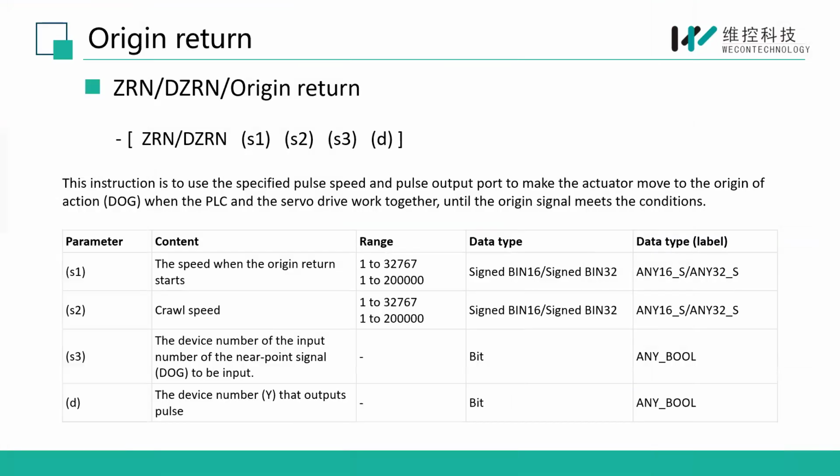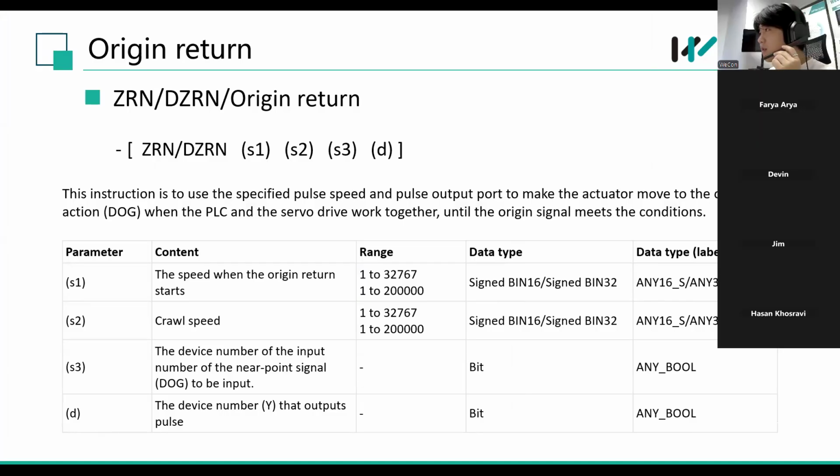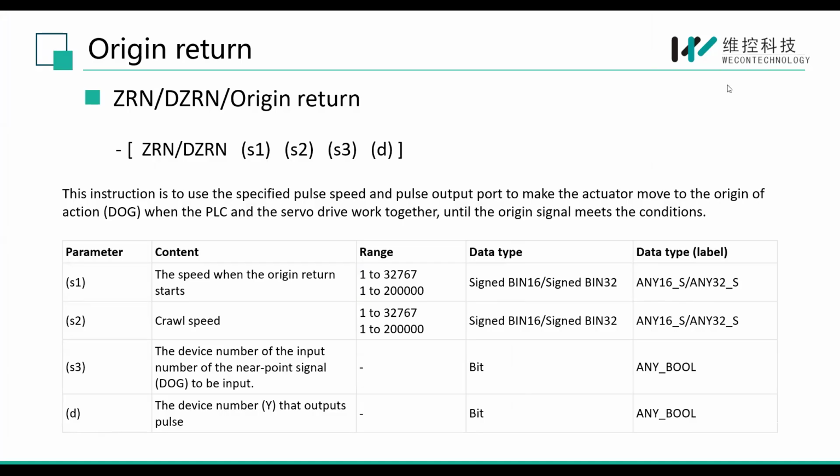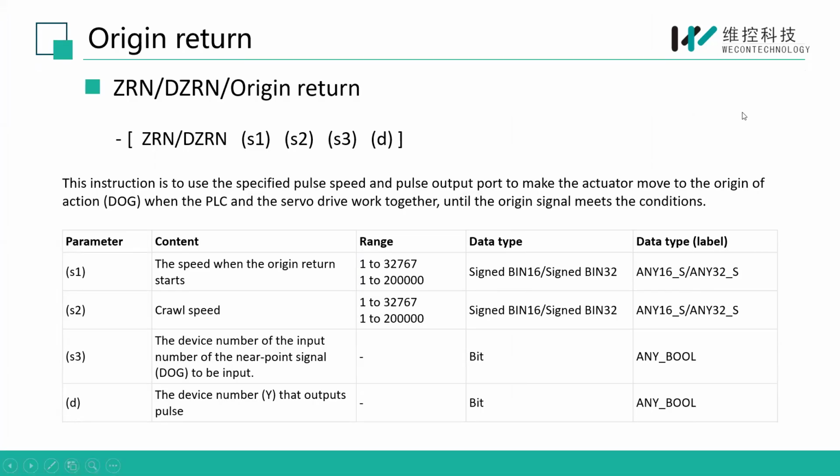The first one, the instruction is JRN and DJRN, which is origin return.